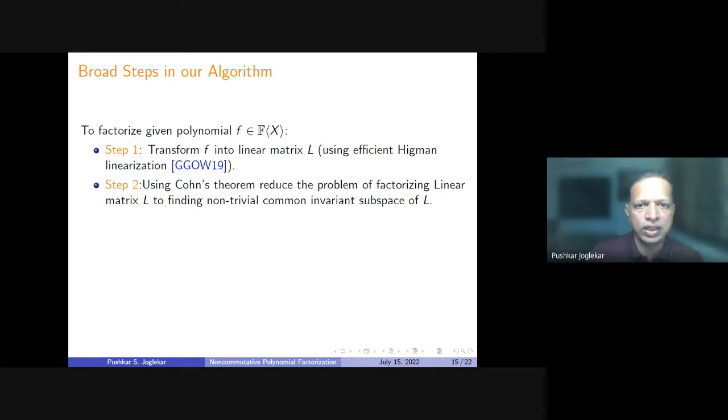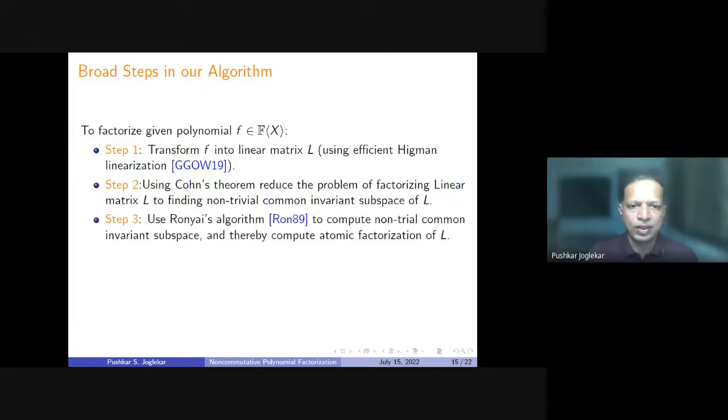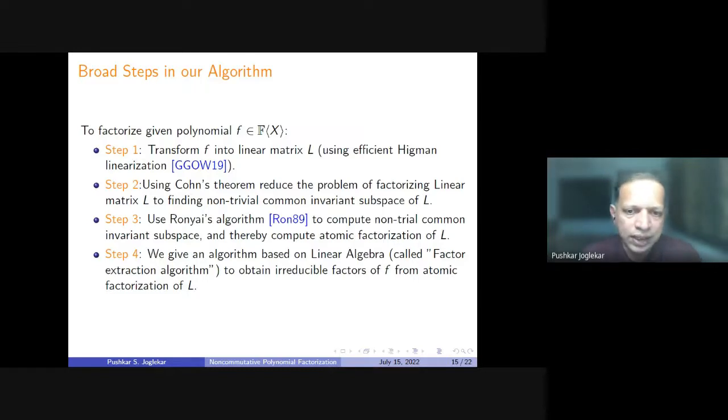Second, once we have this linear matrix L, we use one of the important theorems from Cohn to reduce the problem of factorization of a linear matrix to computation of a non-trivial common invariant subspace of this matrix L. Then once we have such a reduction, we can use Rónyai's algorithm to compute a non-trivial common invariant subspace, and thereby we can compute the factorization of matrix L. At this stage, we have a factorization of L, and then using basic linear algebra, we figure out the atomic factorization of f.